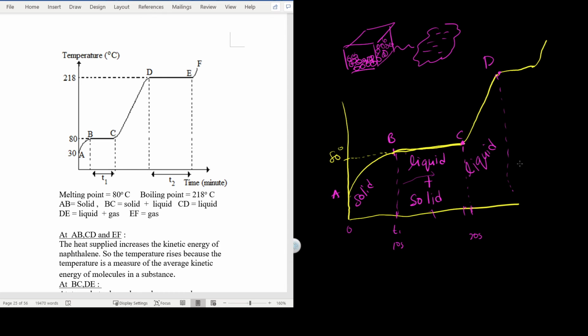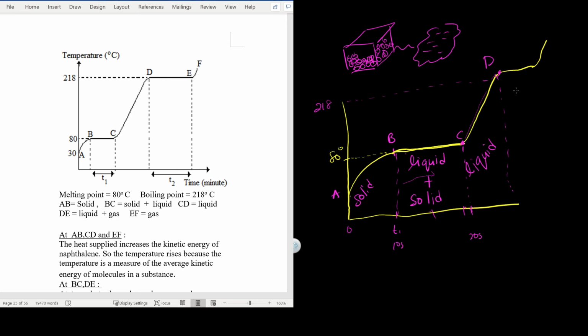And now at D, where the boiling point is 218, it will keep changing its temperature from 80, keep rising until it reaches 218 degrees Celsius. Once it reaches 218 degrees Celsius, what will happen to this liquid?